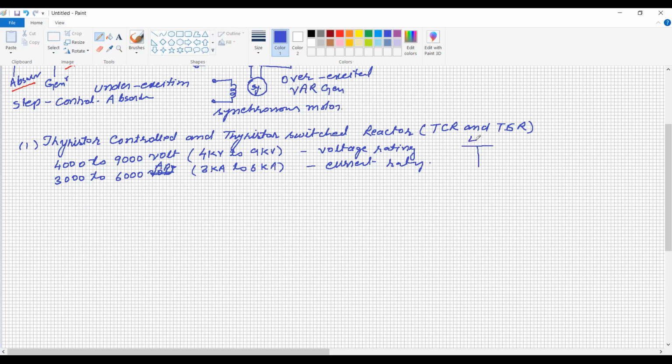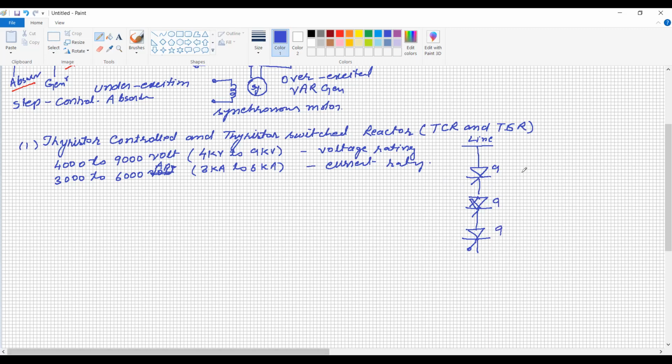Say this is the line, and we connect a number of thyristor valves in series, each 9 kV.